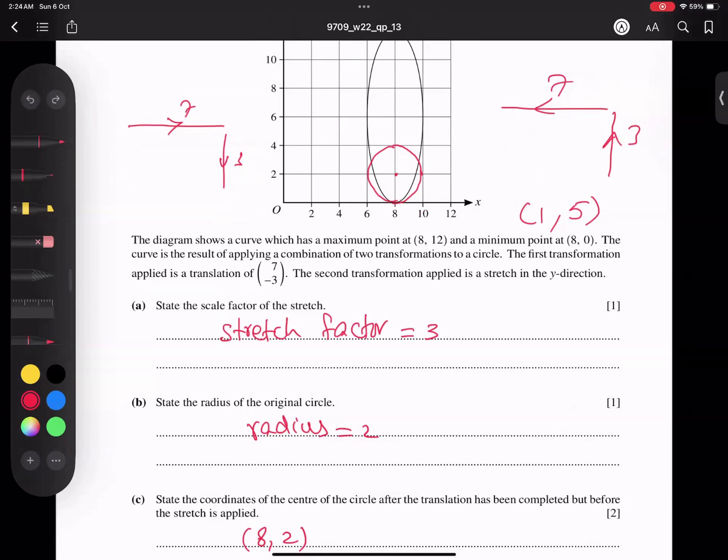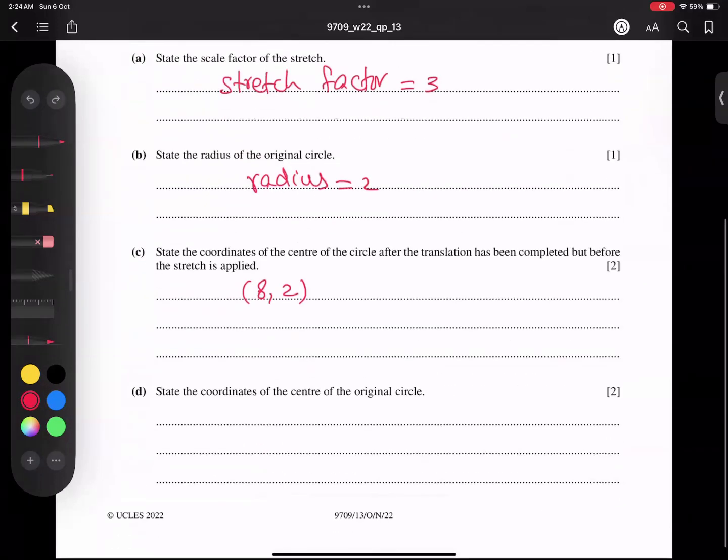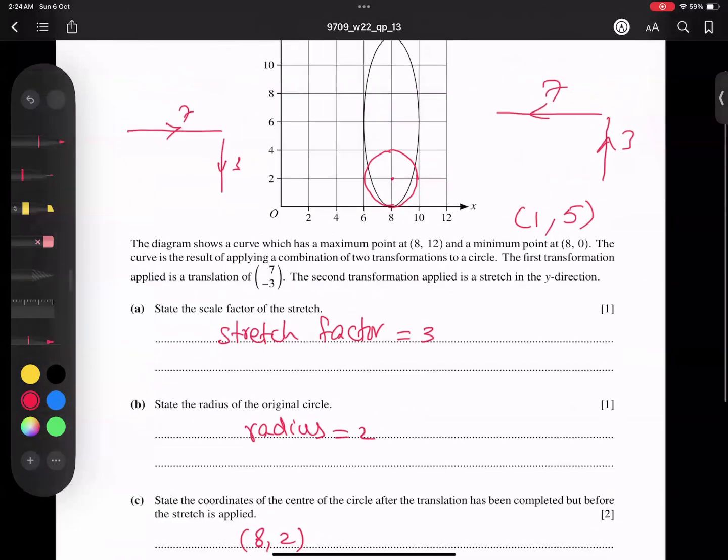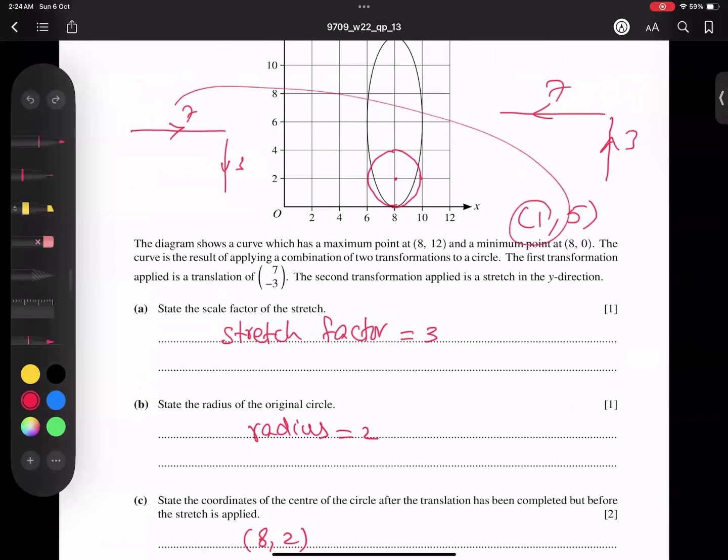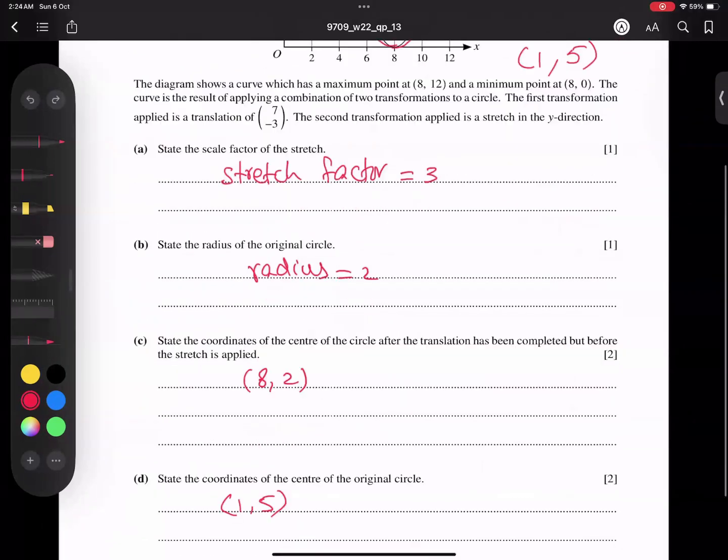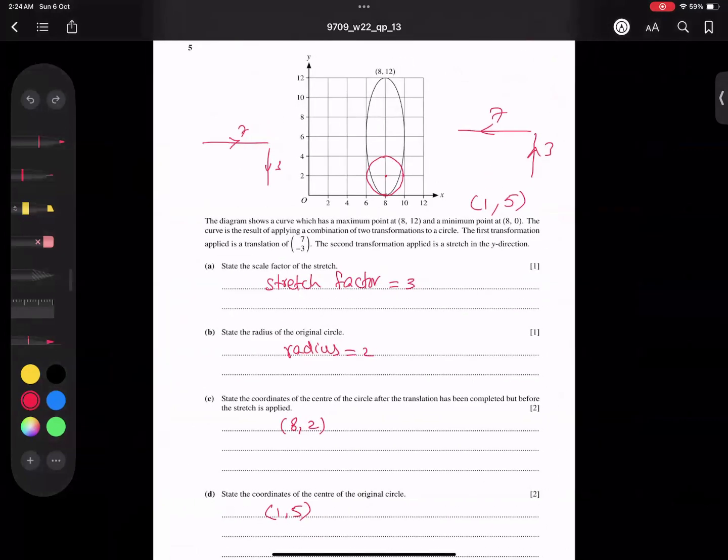So this is our center of the circle, which we got now, (1, 5). Because if we have (1, 5) and add 1 and 7, I get 8, and in the 5, if we subtract 3, we get 2. I think the point is very clear and the question is completely over. Let's go for the next question.